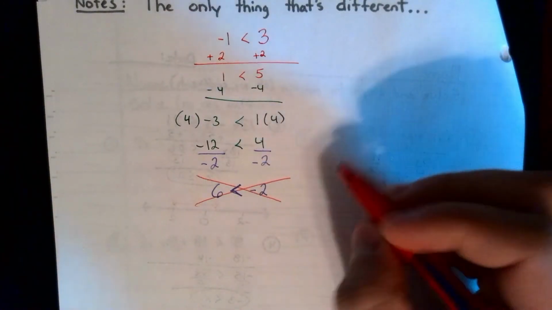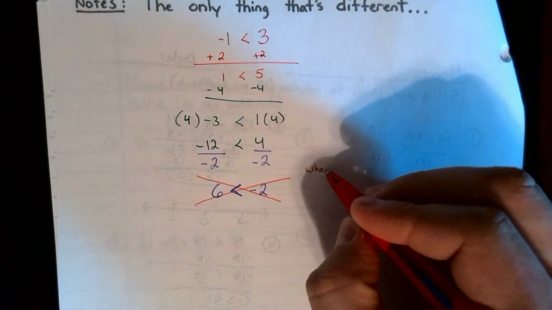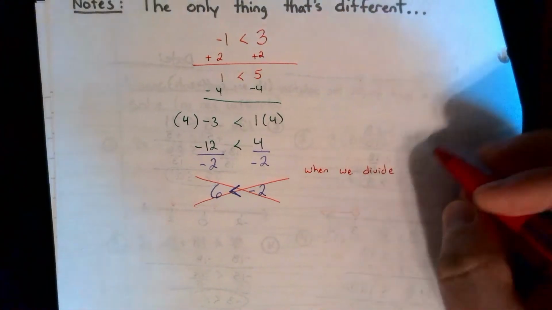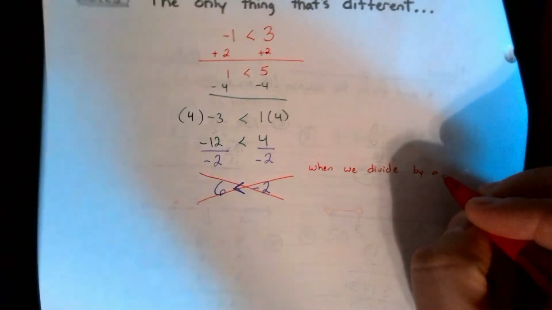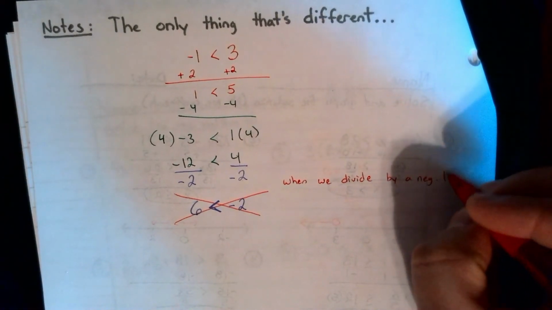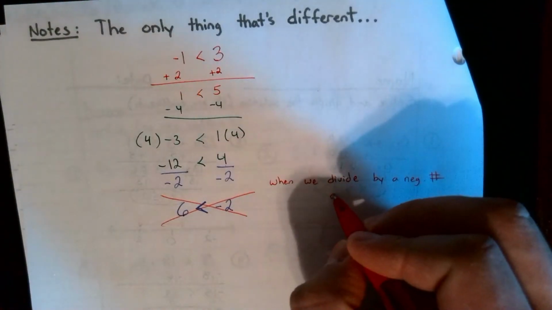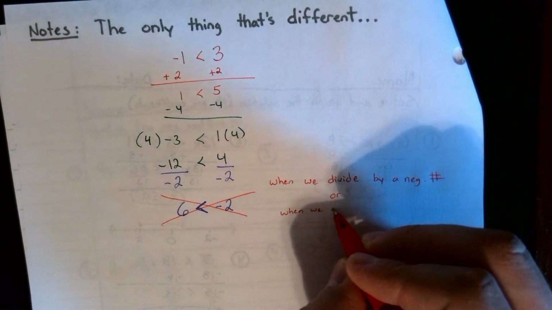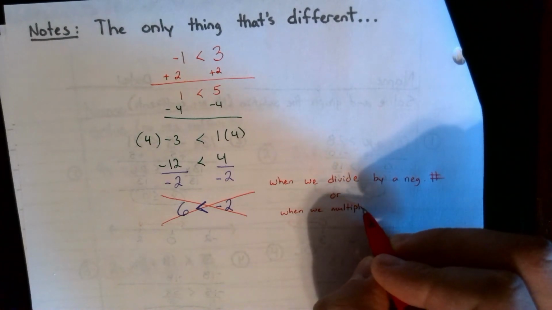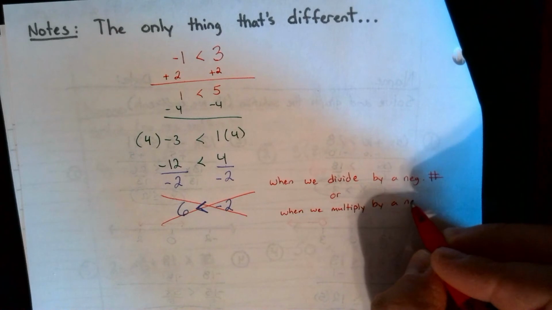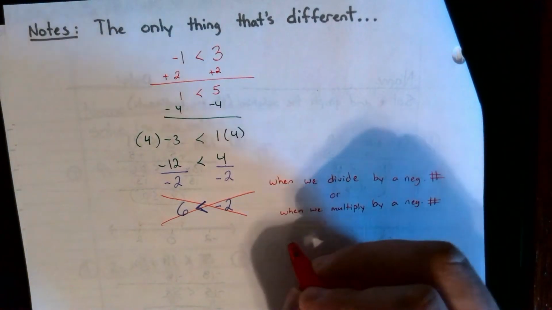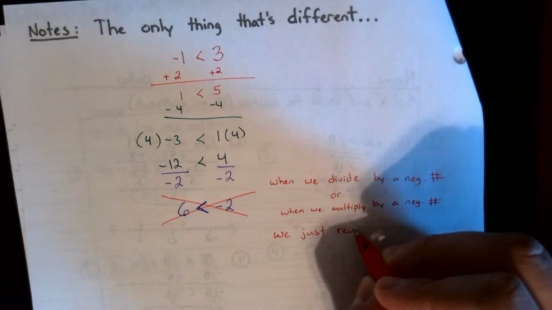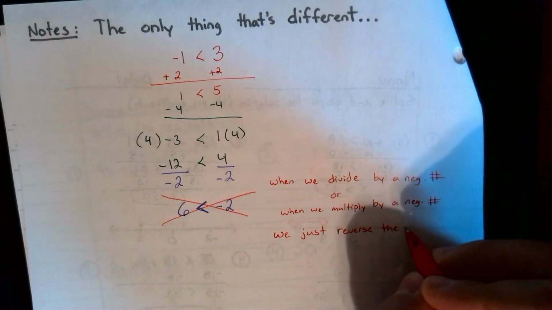What if when we divide by a negative number, or when we multiply by a negative number, we just reverse the inequality?